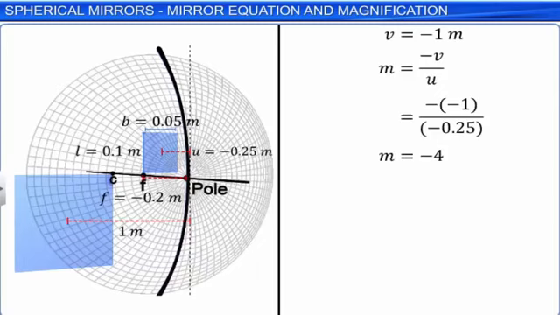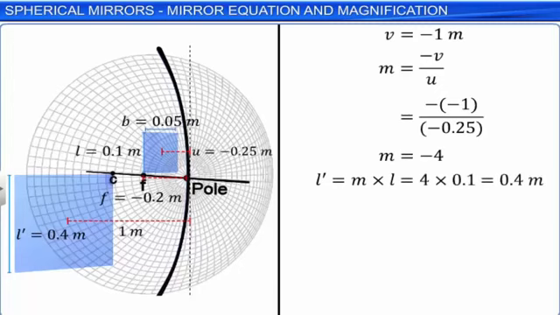Note that the minus sign for magnification m indicates that the image formed is inverted. Now the length of the image L dash is equal to m into L, which is equal to 0.4 meter. And the breadth of the image B dash is equal to m into B, which is equal to 0.2 meter.